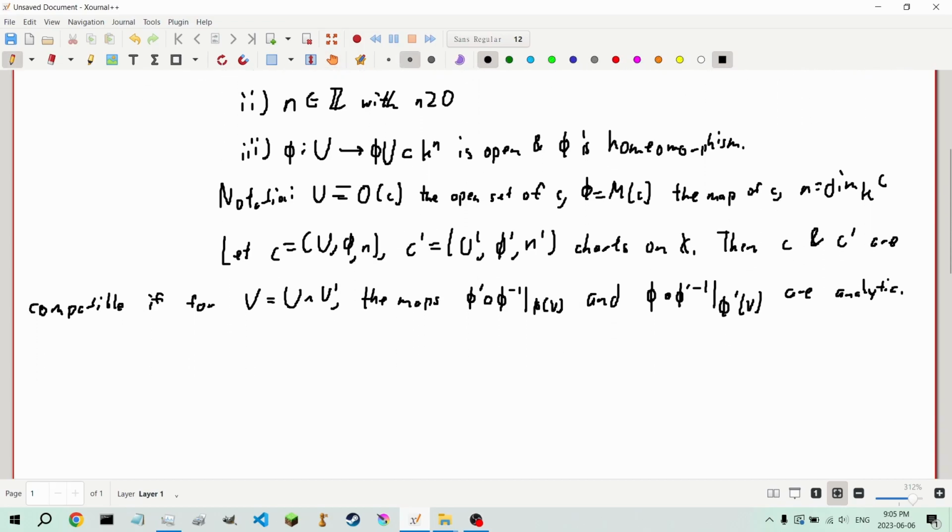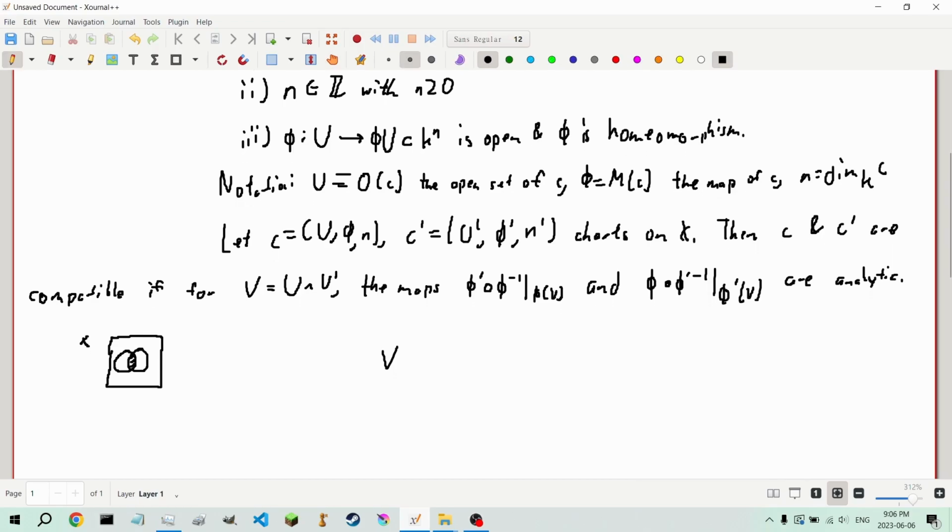So essentially we have our set X here, and we have one chart acting on some space and another chart acting on another space, and we need to make sure that the spot where they both act makes sense, like the two different actions are compatible.